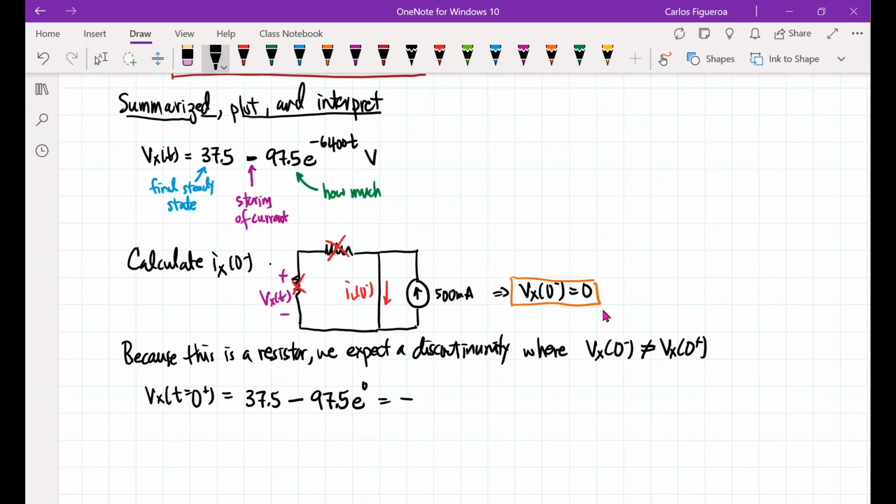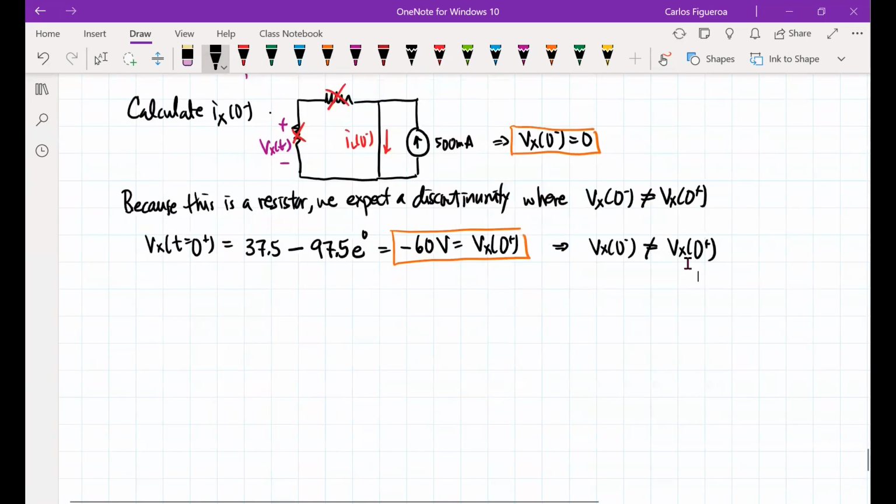This gives me minus 60 volts for Vx of 0 plus. So right away, as we already expected, Vx of 0 minus is not the same as Vx of 0 plus.